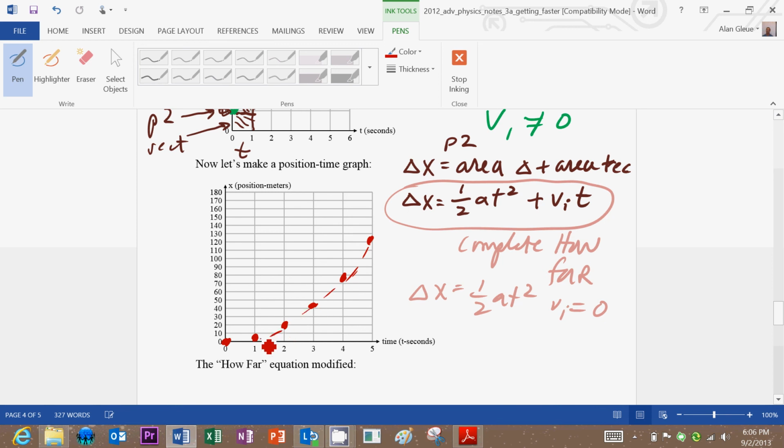This is the parabola we got for pages 1 and 2. A car that's just accelerating, with no initial velocity. Well, now let's do the same thing.